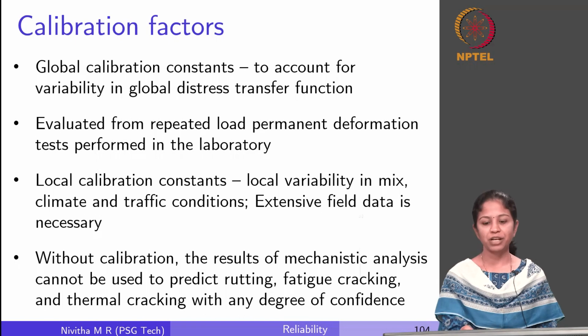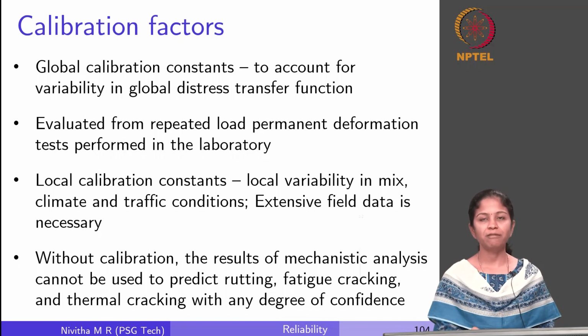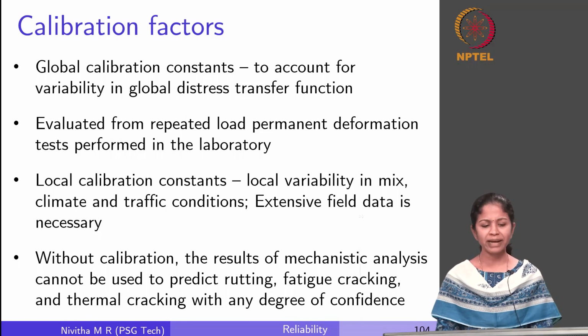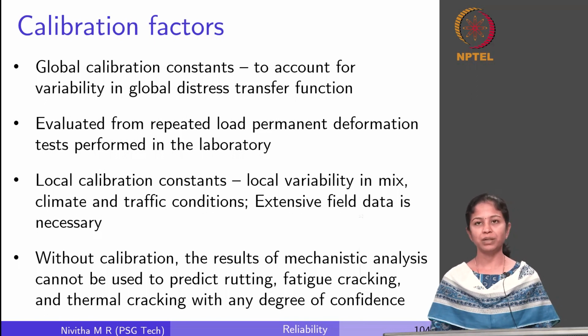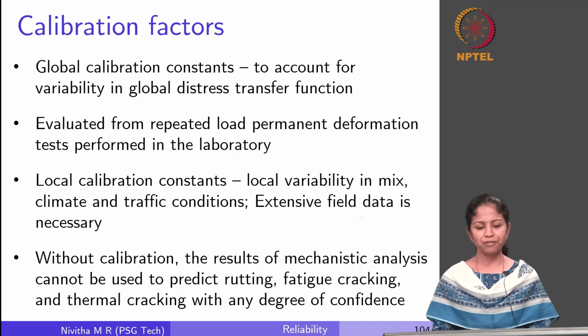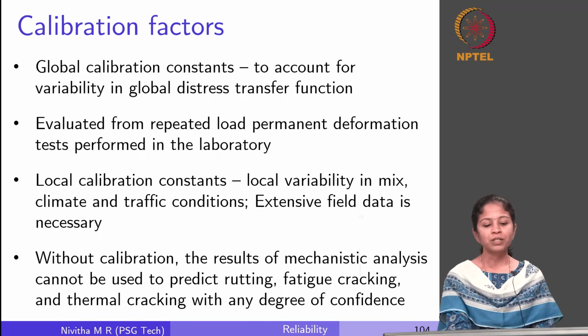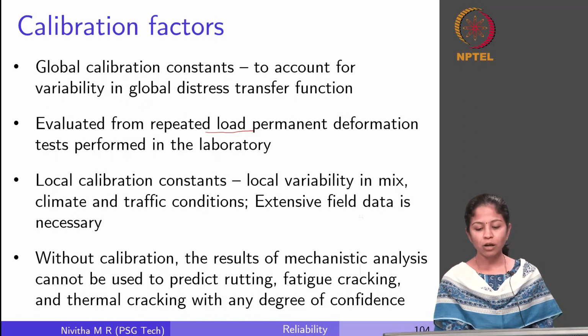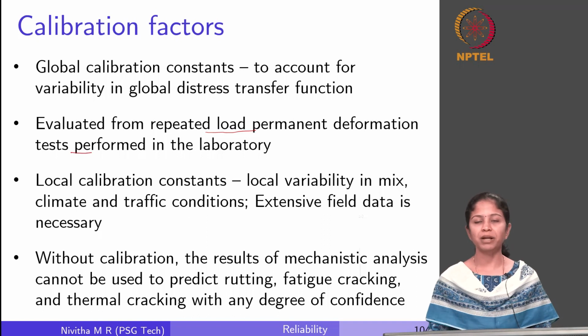The global calibration constant is to account for the variability in the global distress transfer function, right. So, we have this distress transfer function which was designed for a specific case. So, if we have a different set of mixtures, then how is it going to vary? So, it is evaluated from repeated load permanent deformation tests performed in the laboratory.